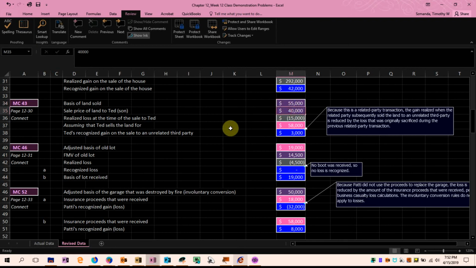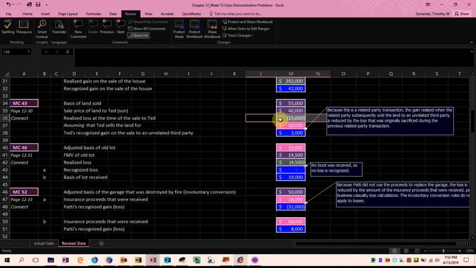However, when it's time then for Ted to sell the land to an independent or unrelated third party, then the amount of the gain, 58 minus the 40, is reduced by the amount of the loss. Okay, so in this case, we have the $58,000 sale price minus the price Ted paid for the land of $40,000, and so that is $18,000.